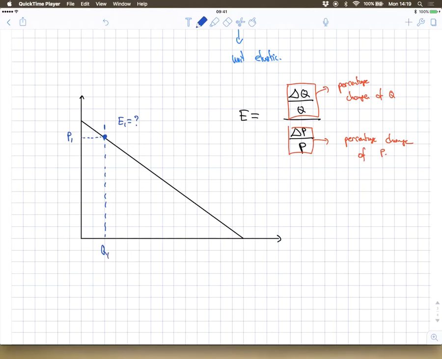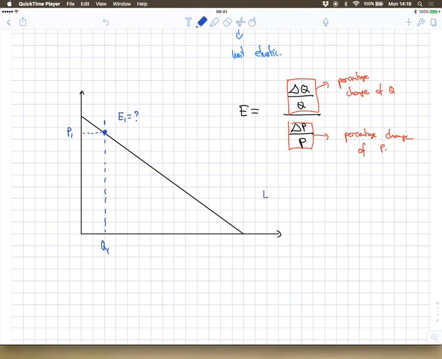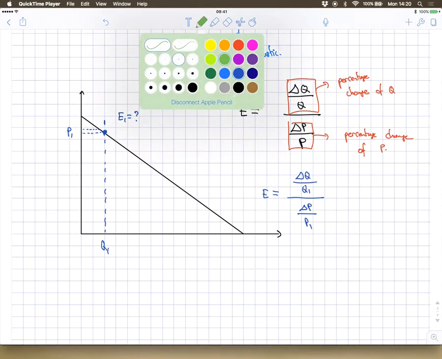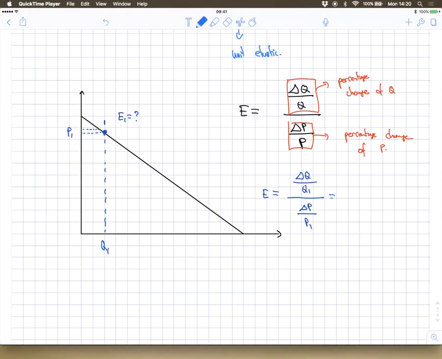And then the elasticity must be equal to change in Q over Q1 over change in P over P1, where I'm going to raise price P1 by a little bit, by 1%, and I want to know what's happening to the overall stuff. But I could rewrite this as P1 over Q1 times delta Q over delta P.